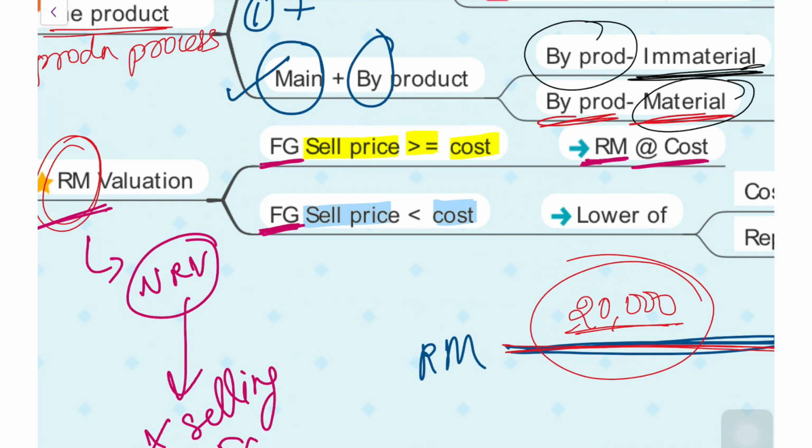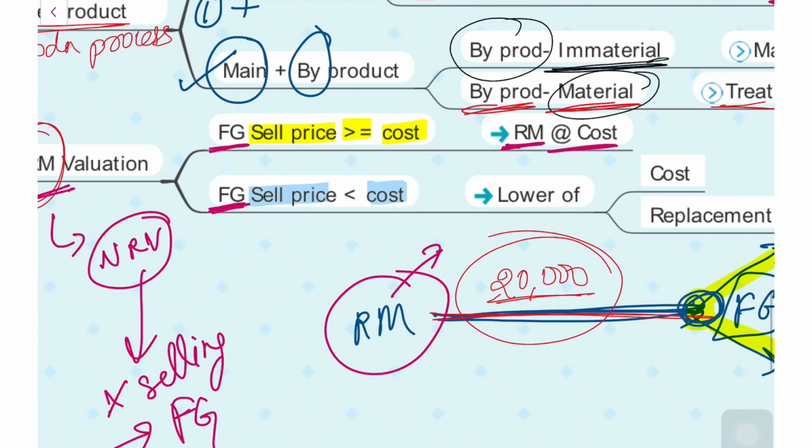Correct. So whatever raw material is left in your business, you will want to sell it. Suppose you want to start another new business. You will sell your old raw material and replace it with new raw material and start up a new business.